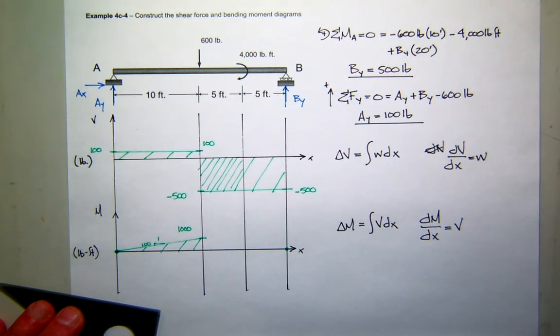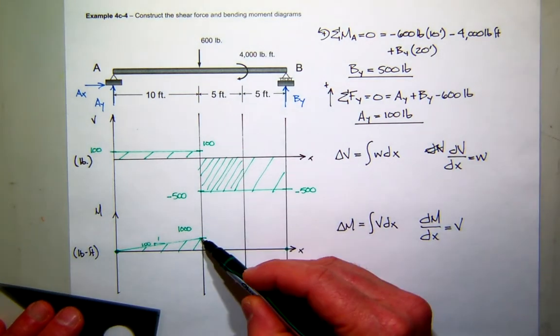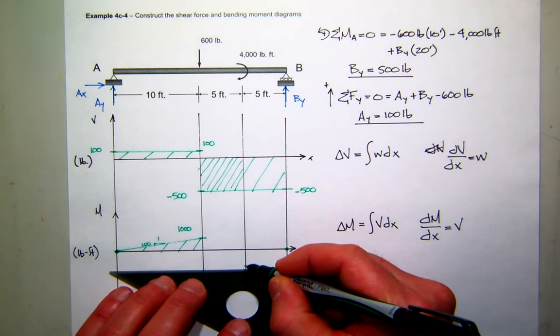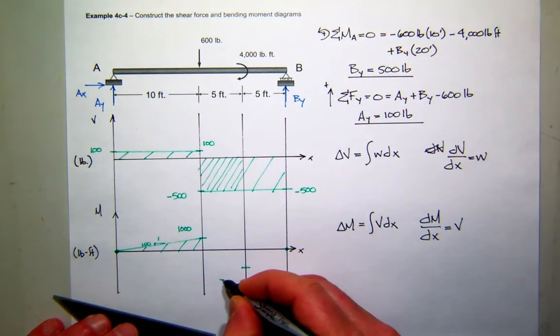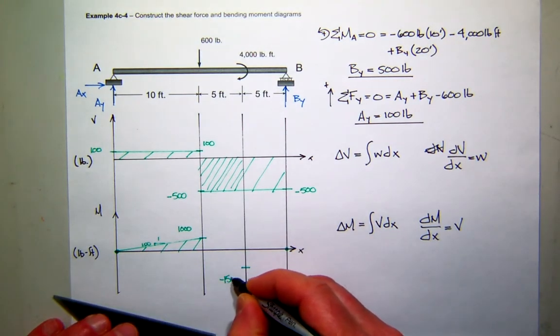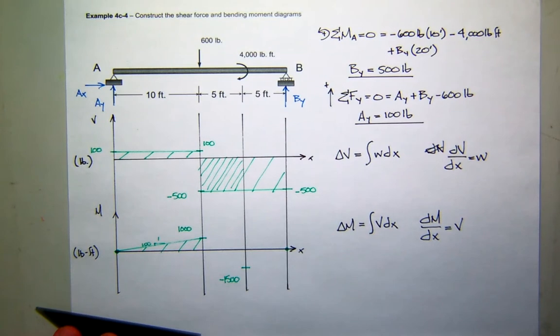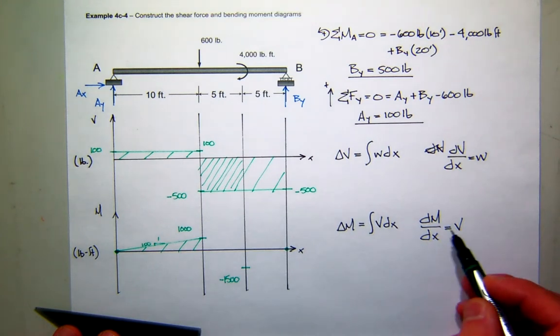And it's negative. So I'm going to go from 1,000 to negative 1,500. Everybody see that?